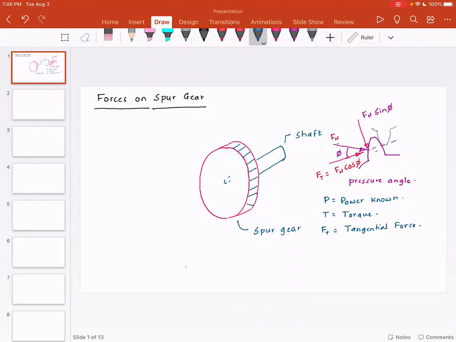So if I want to find out the forces on the gear, I need to find out the horizontal and vertical forces on the gear. I'm going to show you these two forces here. This is going to be Ft, and this is going to be Fr. This is called the radial force. Now, the resultant of Ft and Fr is actually Fn.